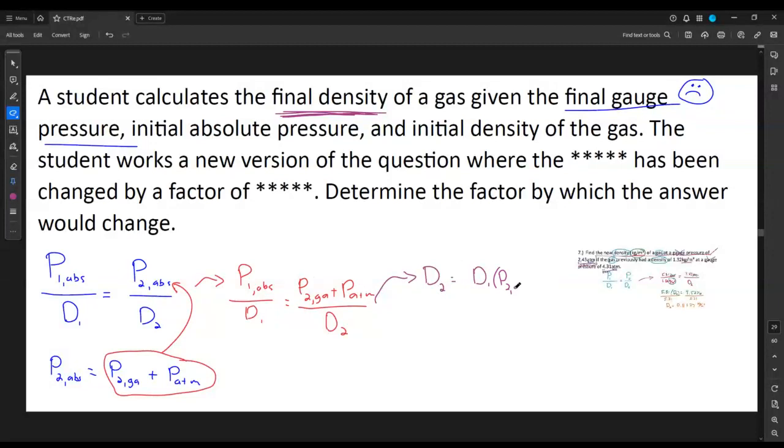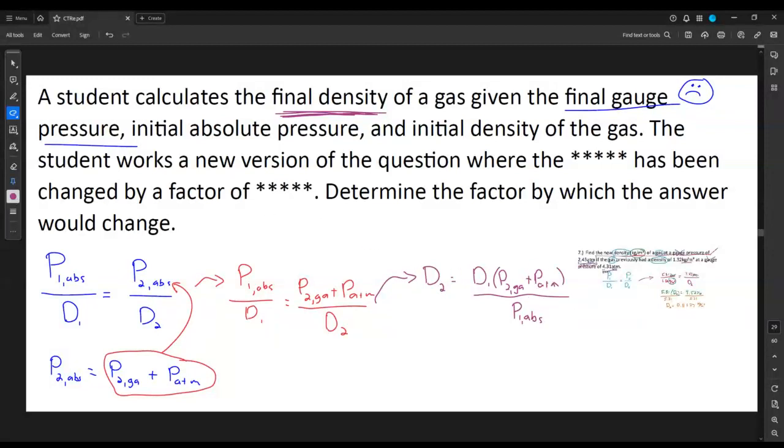That's P2 gauge plus P atmospheric, and then that's going to be stacked over the P1 absolute that was given to us before. Okay, so kind of an ugly looking formula because there's some addition in there.